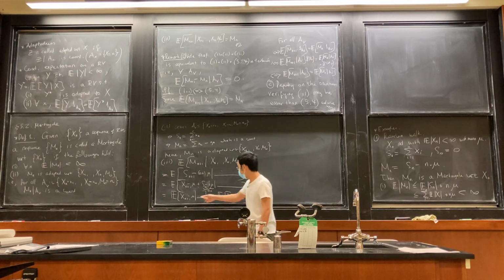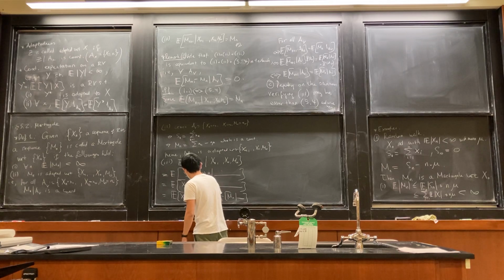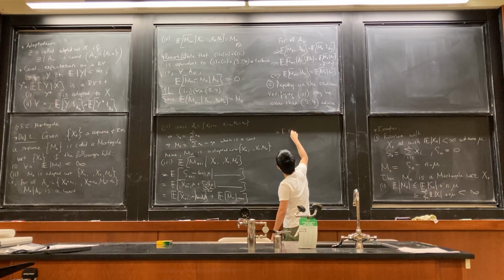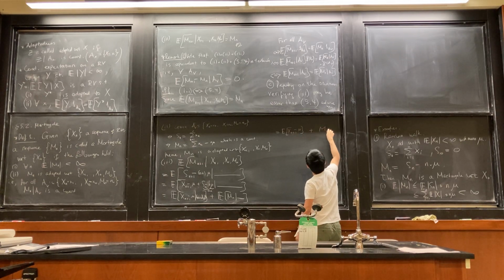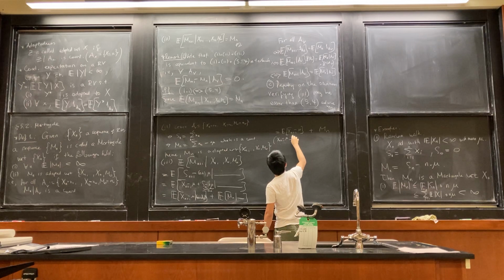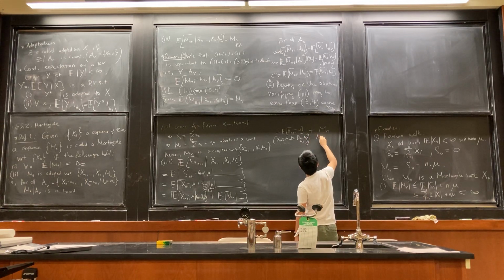The first term is simply the value of X_{n+1} minus mu, which is independent of this collection, whereas M_n is adapted to that collection.